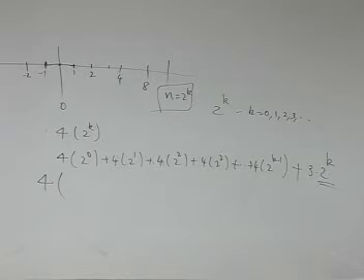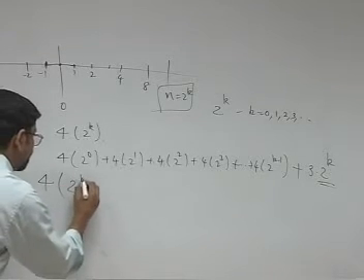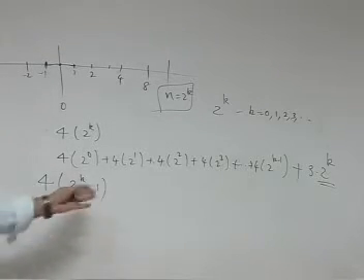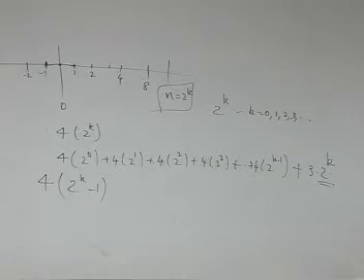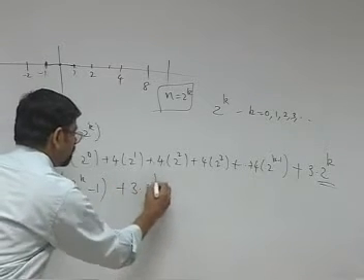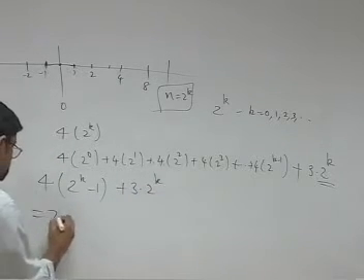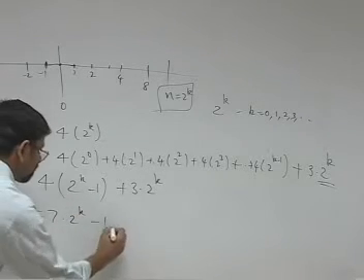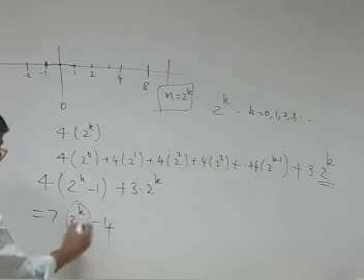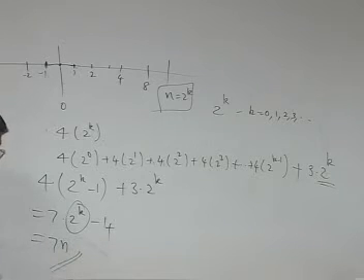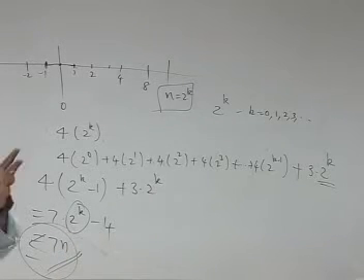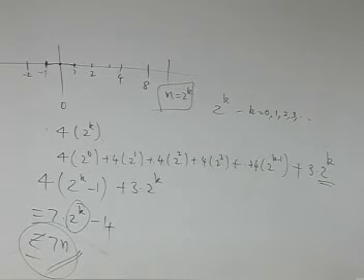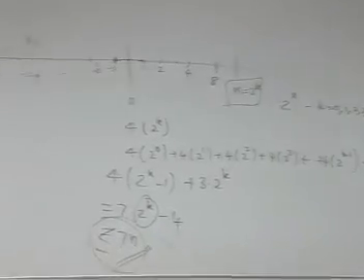You know that it is a geometric progression with common ratio 2, therefore it is 2 power k minus 1 by 2 minus 1, which is 1 anyway, plus 3 into 2 power k. This is equal to 7 into 2 power k minus 1, minus 4. But 2 power k is n, so it is less than or equal to 7n. Beautiful, right? That was taking n square steps and this is taking n steps.